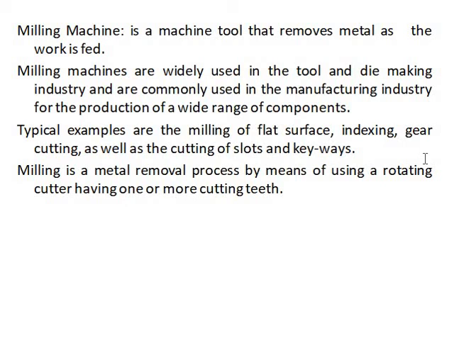Typical examples are milling of flat surfaces, indexing, gear cutting, as well as cutting of slots and keyways. We use these milling machines widely for slots and keyways. Milling is a metal removal process using a rotating cutter having one or more cutting teeth.